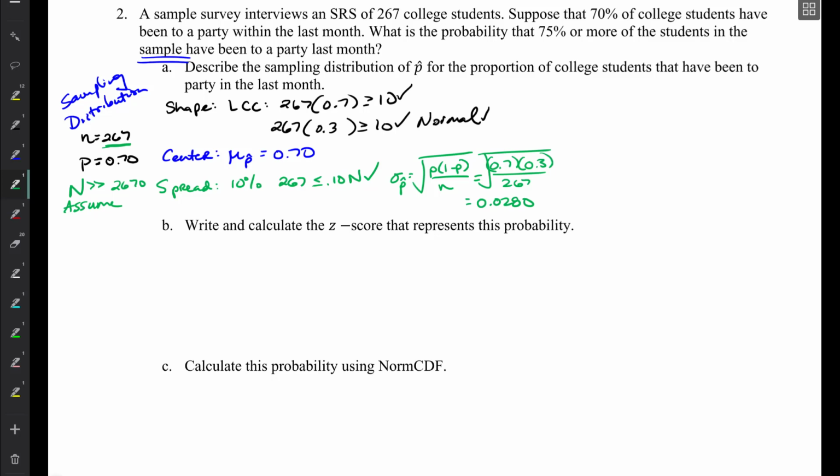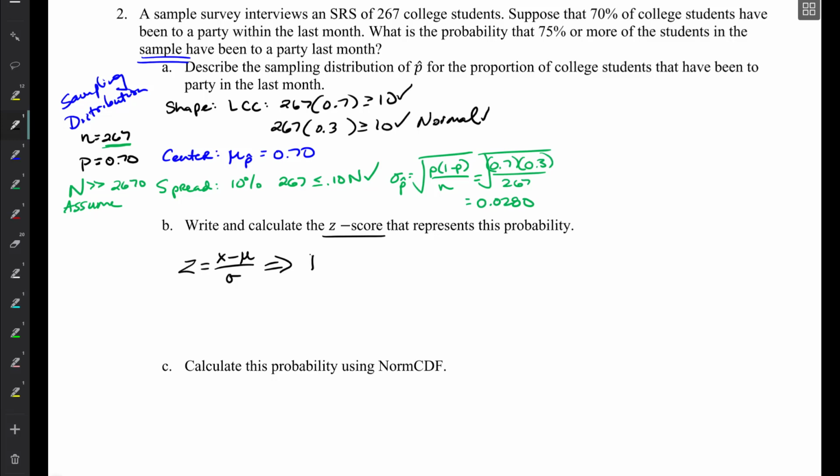We might think, why does that really matter? Well, there's a couple of different ways that we could approach this question. We might want to go old school, and a lot of the multiple choice questions on the AP test will ask you to actually find the z-score that represents this probability. So what we would do is say, well, what is the z-score? We know that z-scores in general are x minus mu over sigma, but now let's look at what the situation really would be related to.